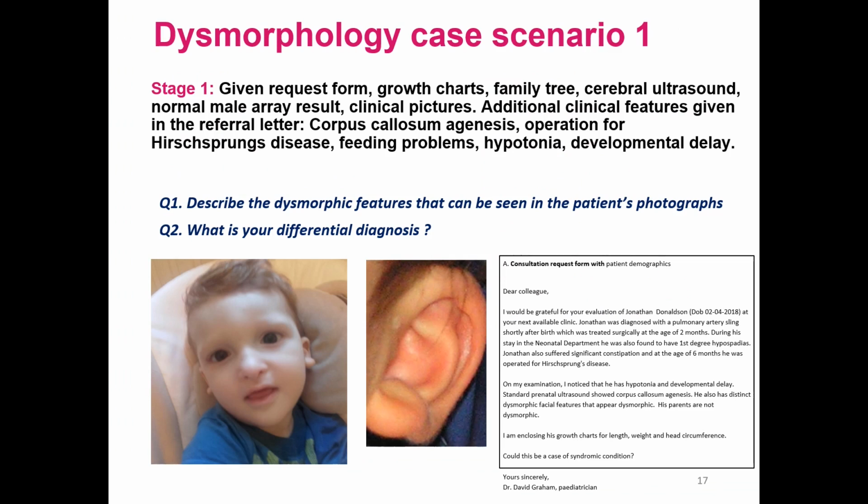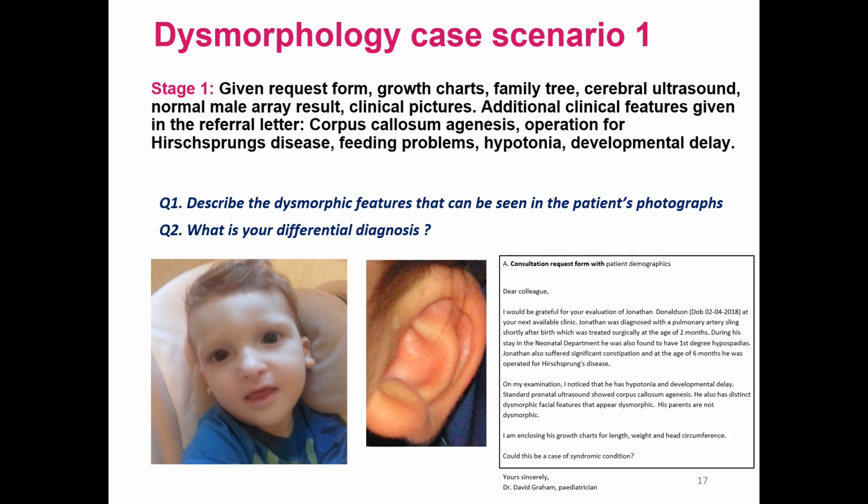In the dysmorphology case scenario presented here as an example, there are 3 stages, and at stage 1 you are given the request form, growth chart, family tree, cerebral ultrasound, the normal male array result, and the clinical pictures shown below. In addition, from the referral letter, you know that the child has corpus callosum agenesis, an operation for Hirschsprung's disease, feeding problems, hypotonia, and developmental delay.